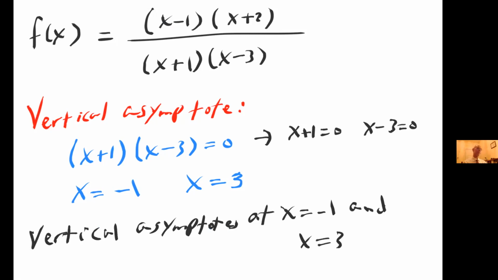And I don't have a slant asymptote. I don't have to do any work for that. How do I know? Anytime I have a horizontal asymptote, I will not have a slant asymptote. So no slant asymptote.